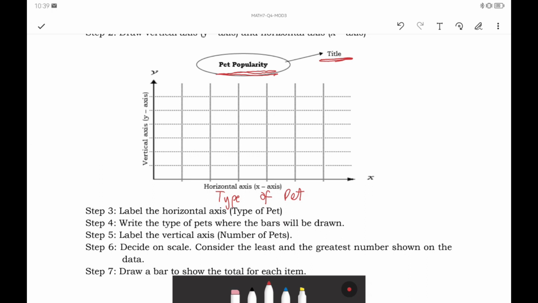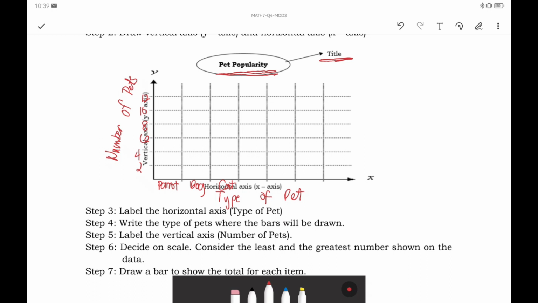So we have here parrot, dog, and cat. Now label the vertical axis as number of pets. So we can write here the number of pets. You can say this is 2, 4, 6, 8, 10, and 12.